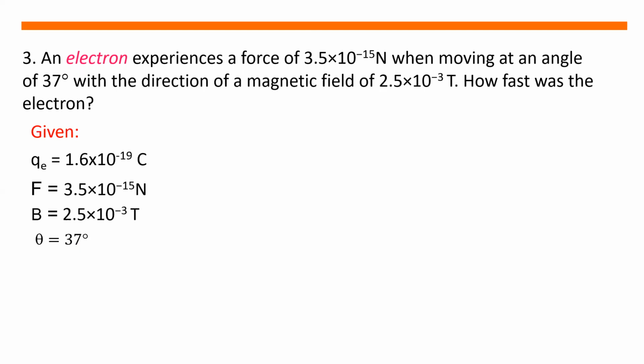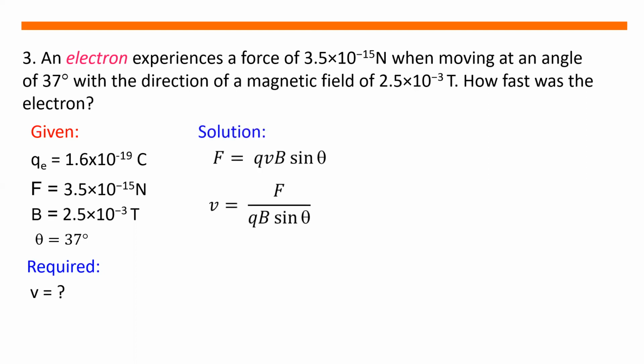The force experienced by this electron is 3.5 times 10 to the negative 15 Newton, the strength of the magnetic field is equal to 2.5 times 10 to the negative 3 Tesla, and the angle between the velocity and the magnetic field is equal to 37 degrees. We are asked to solve for the velocity.